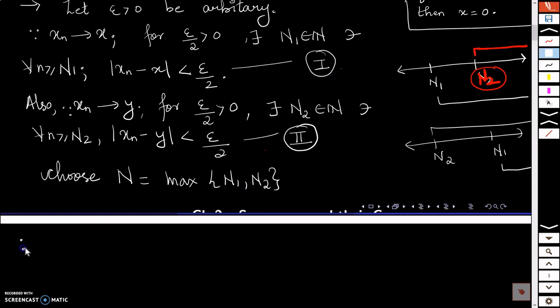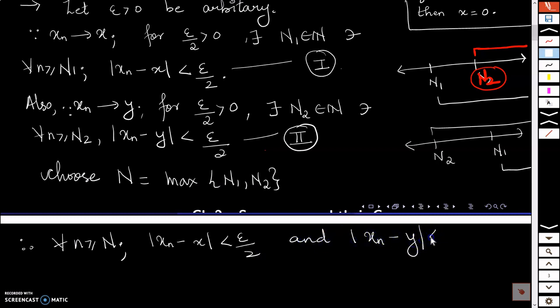So what I know now, for all numbers which are bigger than or equal to the maximum, that is capital N, statement 1 as well as statement 2 will work. Therefore, for all n bigger than or equal to N, xn minus x is less than epsilon by 2 and xn minus y is also less than epsilon by 2.